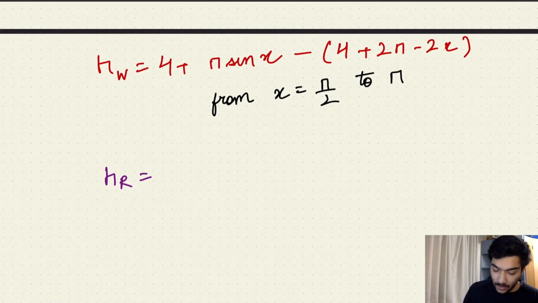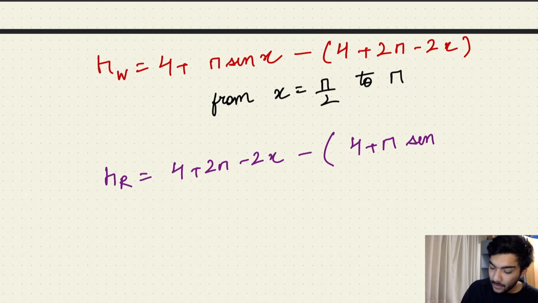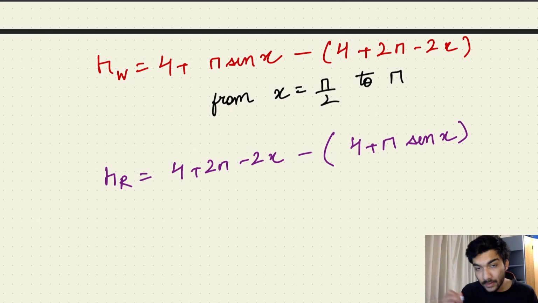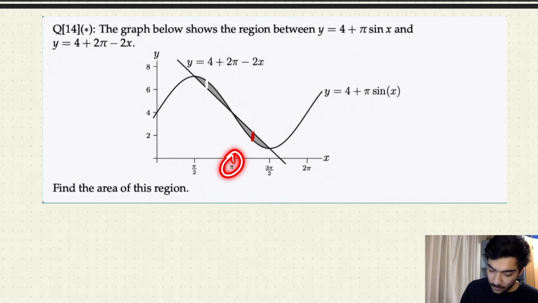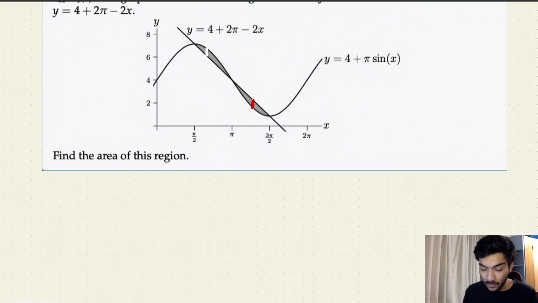So the height of the red vertical strip would be 4 plus 2 pi minus 2x, which is our upper y value based on the line function, minus 4 plus pi sine x, which is our lower y value based on the sine function. And this is applicable from x equals pi to x equals 3 pi by 2 in this case.